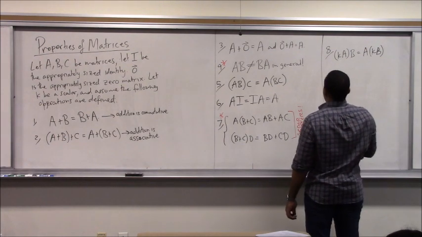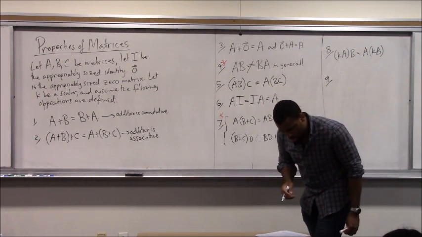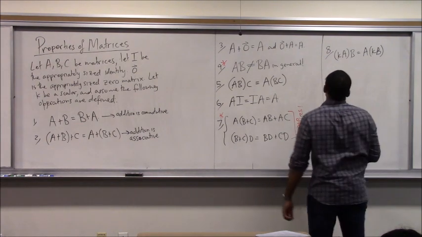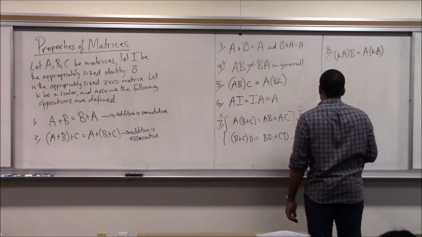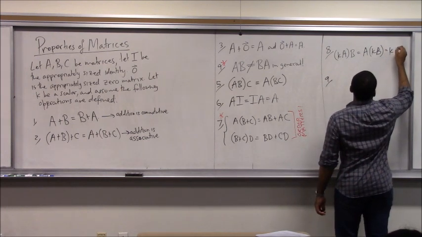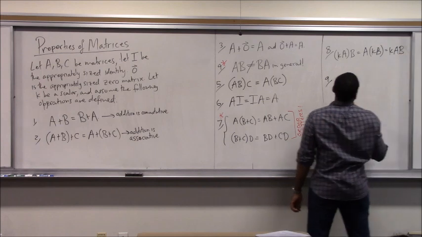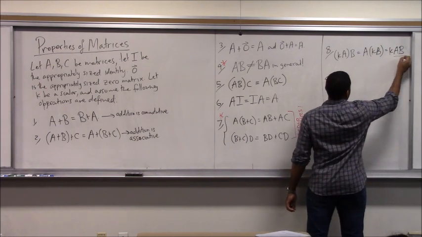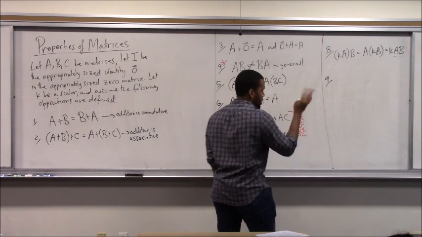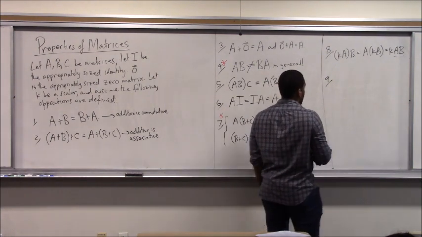And 9 is just a definition of invertible. So, you can even think of it this way: you can first find AB and then multiply that result by k. So when it comes to scalar multiplication, you have a lot of options.